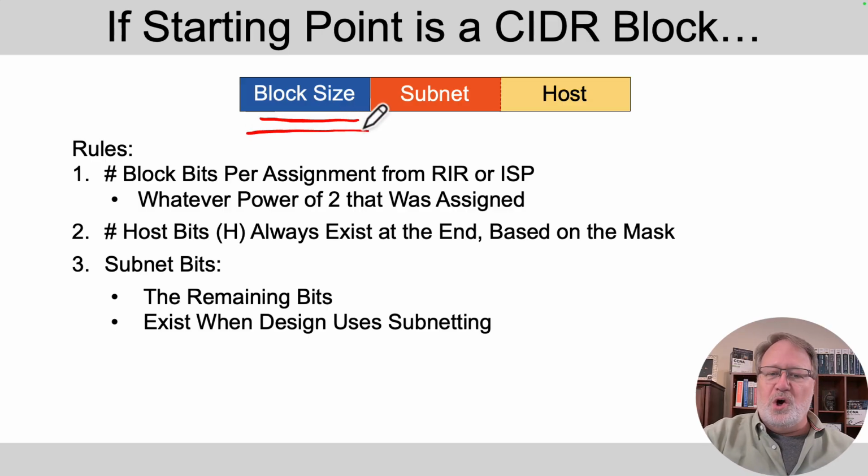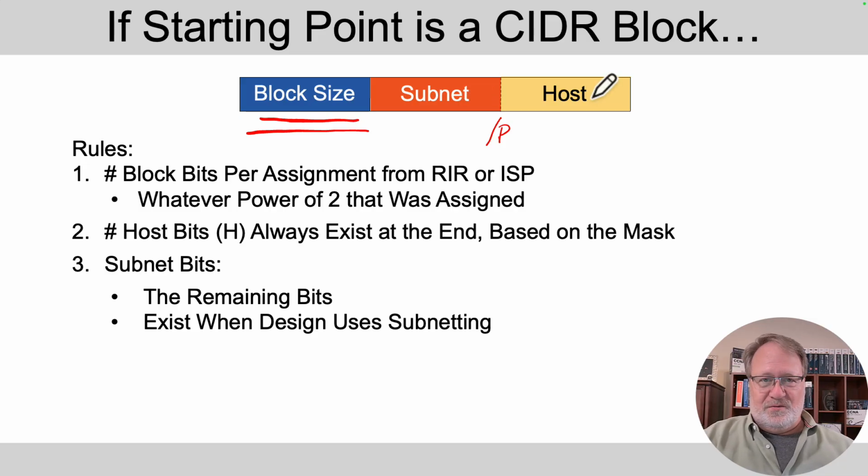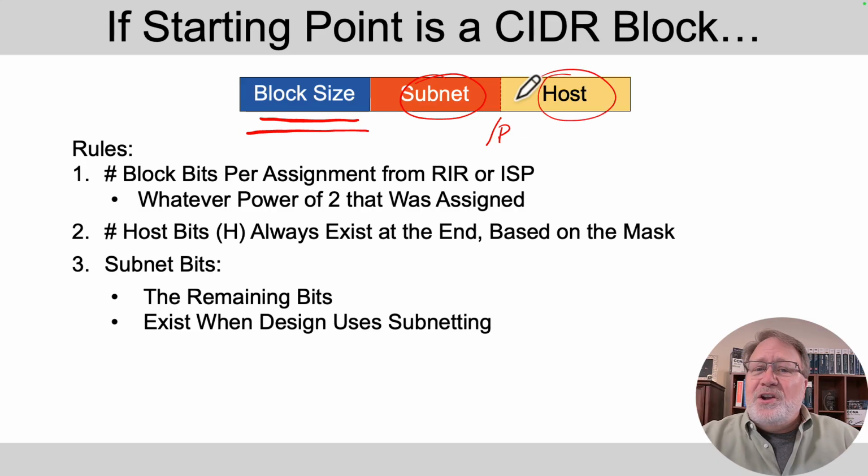All right, so you know how big that is, and then whatever mask you choose to use, it's a simple math problem of saying the block size width plus the subnet field plus the host field needs to add up to 32. You'll know how big the subnet field is, how big the host field is, and you can do that bit of math to figure out how many subnets the designer created and how many hosts are there in each subnet.